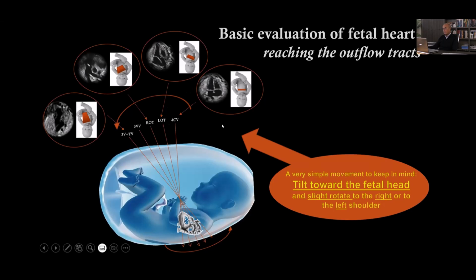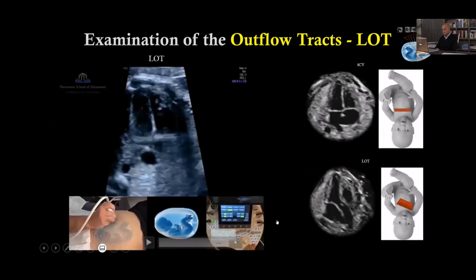And in the meantime, when you tilt the transducer, you have to rotate a little bit to the right or to the left shoulder, and you will get the outflow tracts scanning plane and also the three-vessel and trachea view. I will show you the methodology.